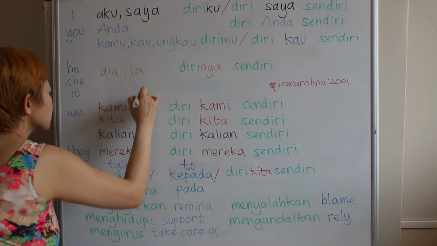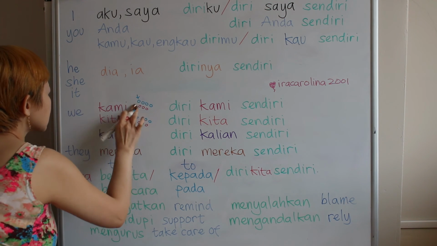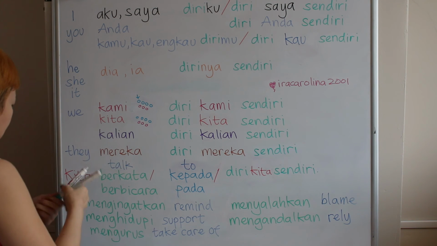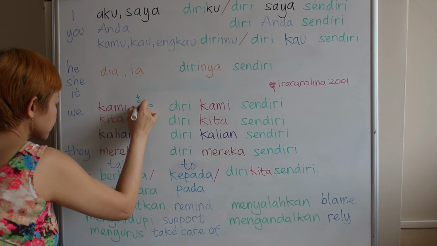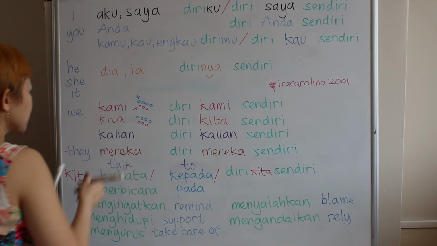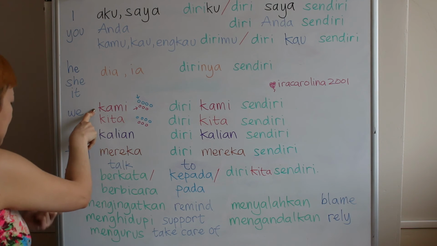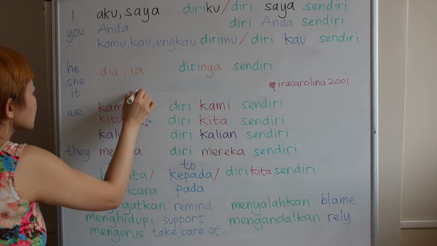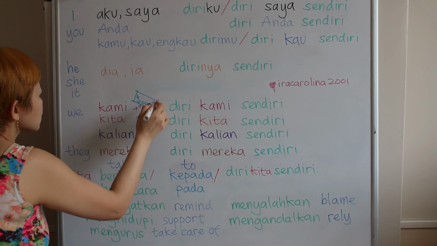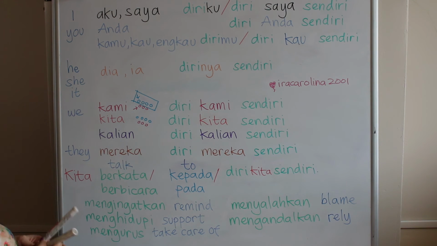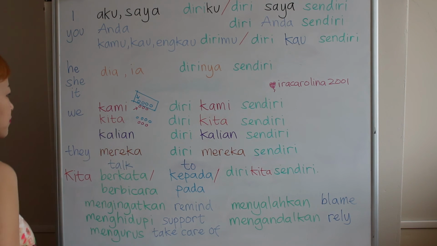If the blue group say to the pink group, kami will go to the beach. Kami, it means the group that want to, the one who will go to the beach is only the blue group.